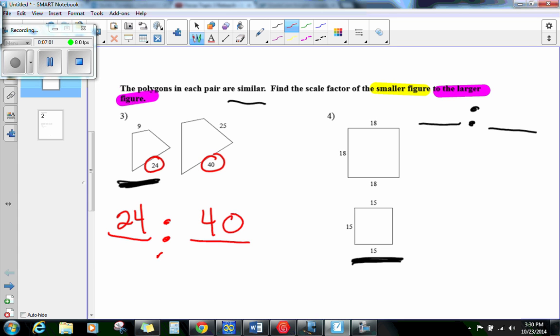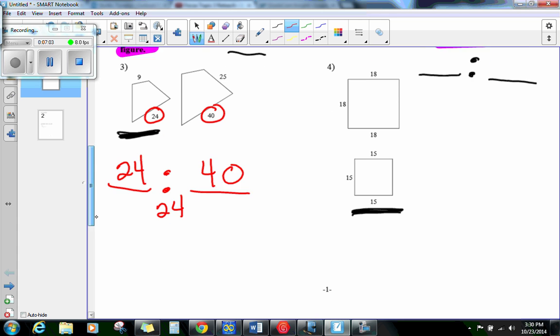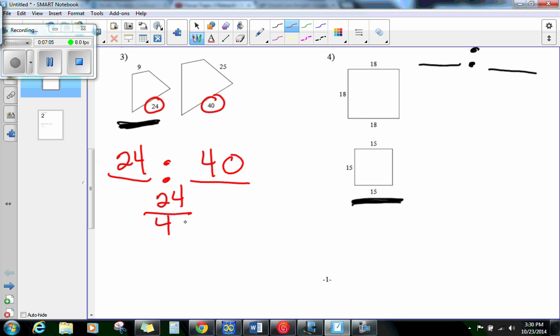So in your calculator, 24 divided by 40. And that will give you 0.6. Now remember, scale factor needs to be a number, colon, a number. So in your calculator, hit the math button, enter, and it's going to turn that decimal into a fraction.